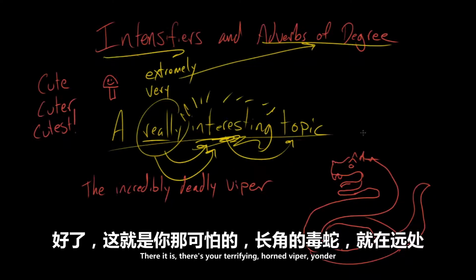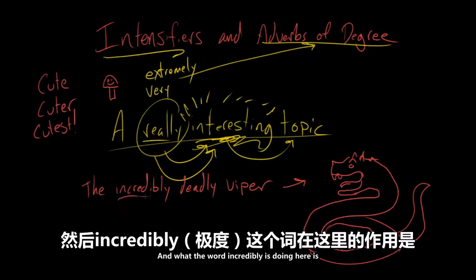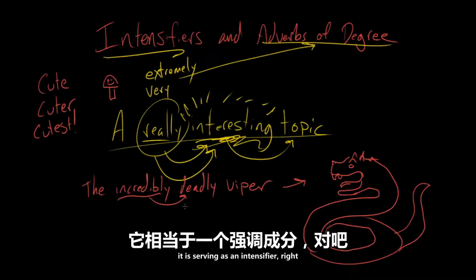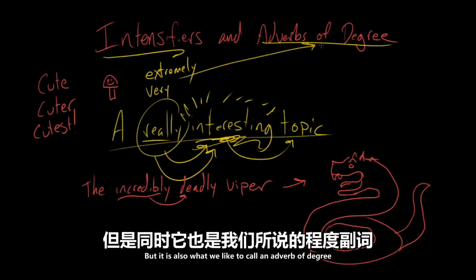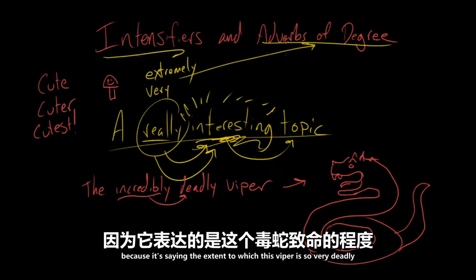There's your terrifying horned viper yonder. And what the word incredibly is doing here is it is serving as an intensifier, right? But it is also what we like to call an adverb of degree, because it's saying the extent to which this viper is so very deadly.